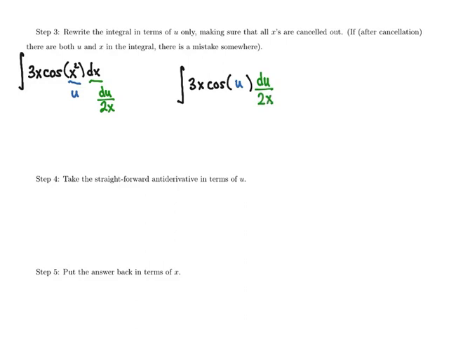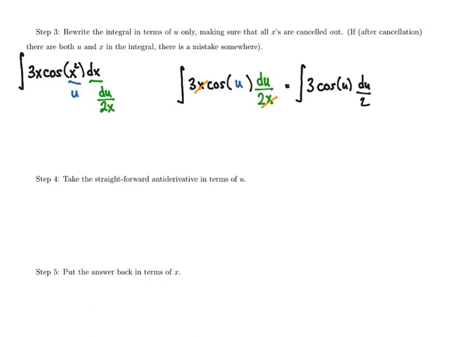And what I say is that if after cancellation there are both u and x in the integral, there's a mistake. But note that there is some cancellation I can do. There's an x in the numerator here and an x in the denominator. And I can cancel those out, and I will be left with 3 cosine of u du over 2.